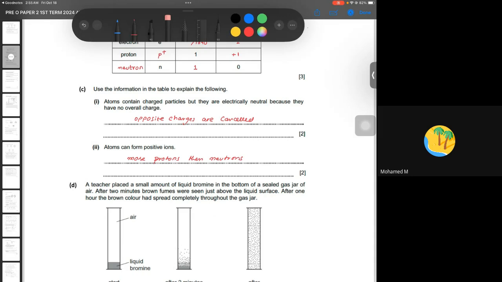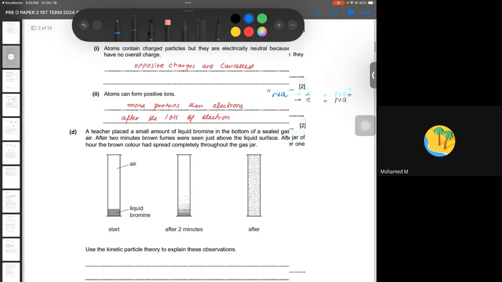I'm supposed to write more protons than electrons, after the loss of electron. Let's suppose you have sodium, the proton number for sodium is 11, so it would have 11 electrons. So when sodium loses 1 electron, it would form a sodium ion, that is Na positive.